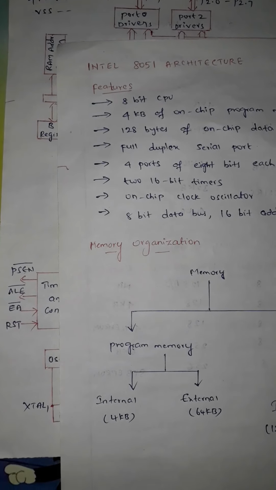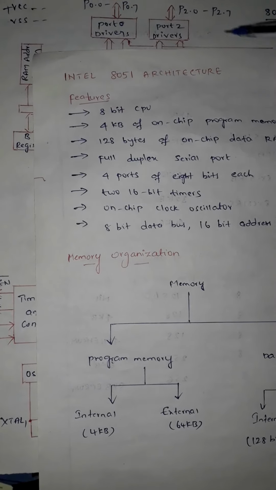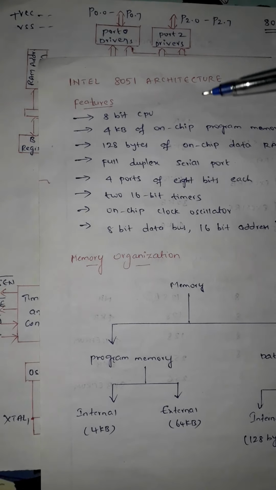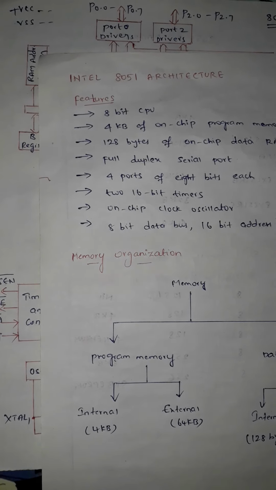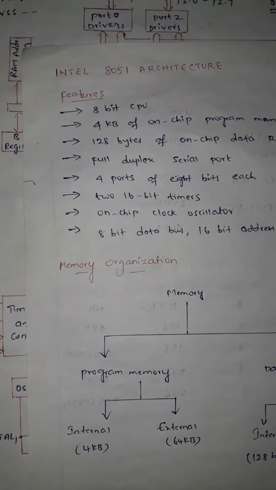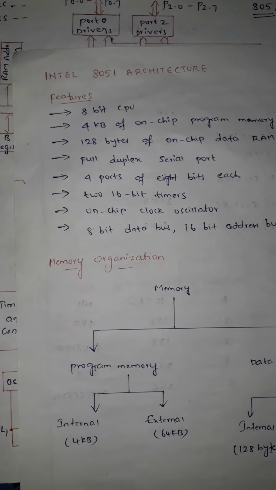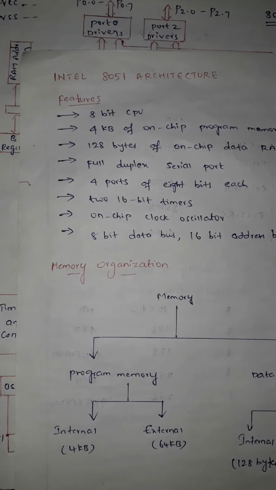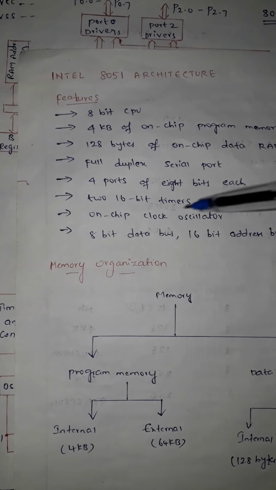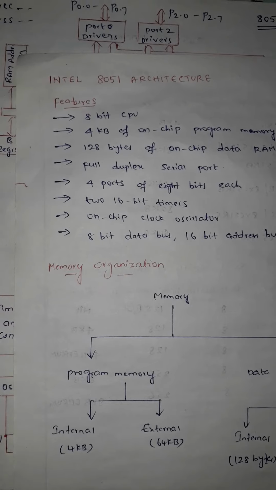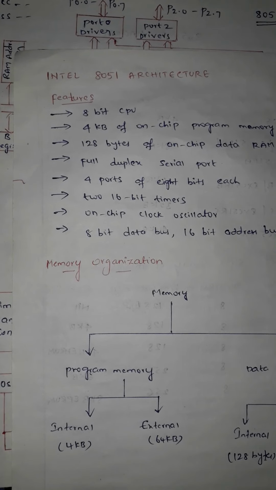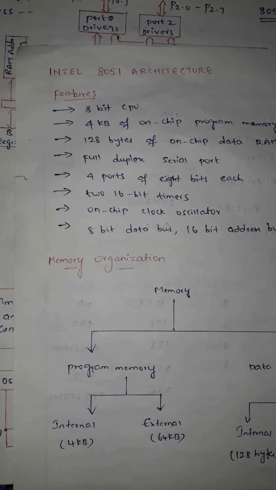We also have 4 ports of 8 bits each: port 0, port 1, port 2 and port 3, for connecting IO devices. You have two 16-bit timers, and it also has an on-chip clock oscillator.